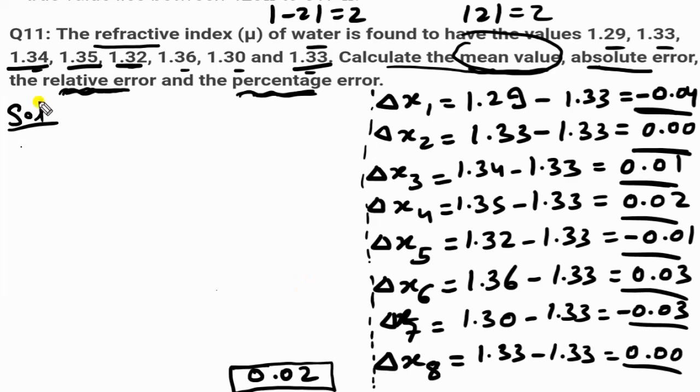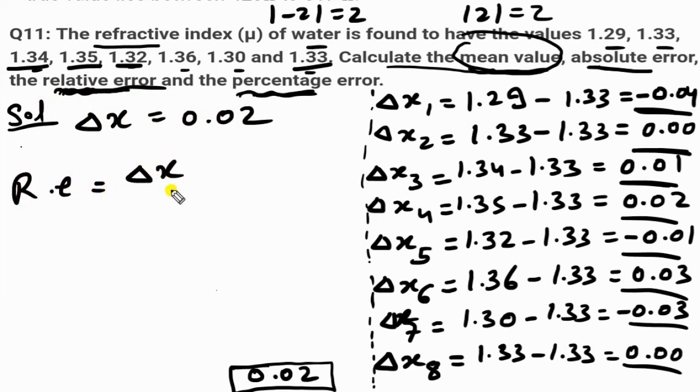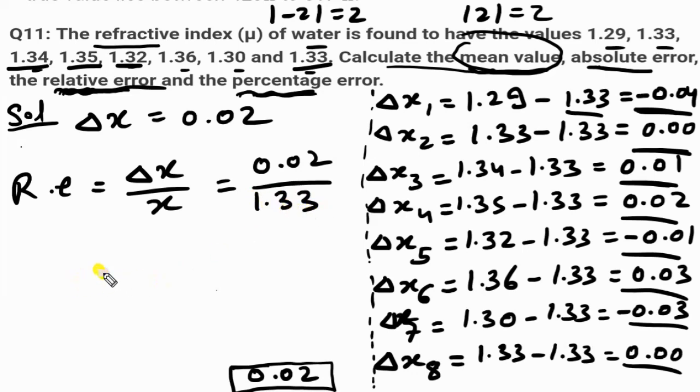So the mean absolute error came out as 0.02. Now the relative error is what? Relative error is equal to mean absolute error upon true value. The mean absolute error is 0.02 upon true value. True value was 1.33. So if we do the calculation, we will get 0.015.